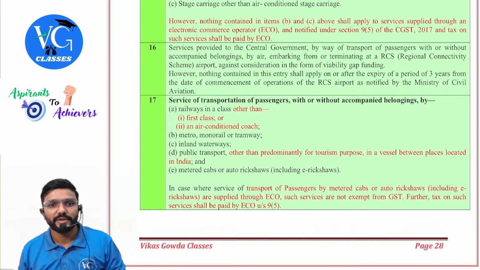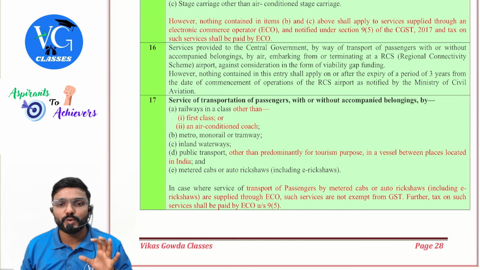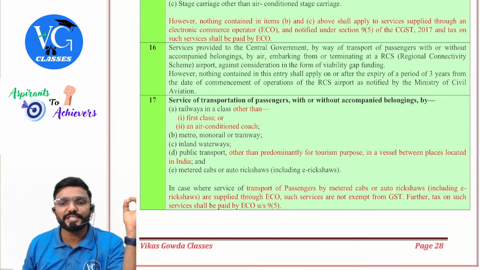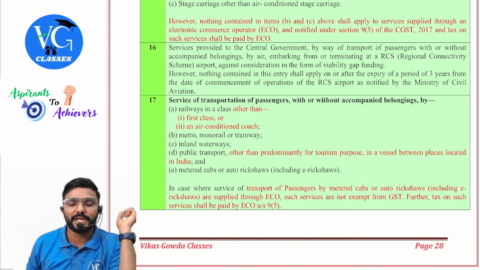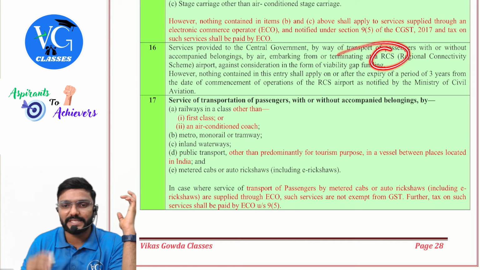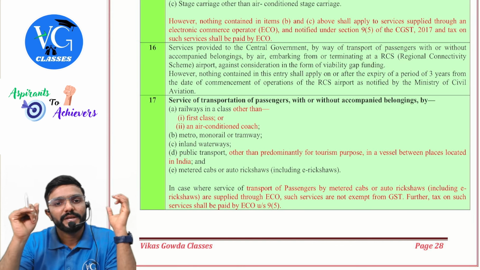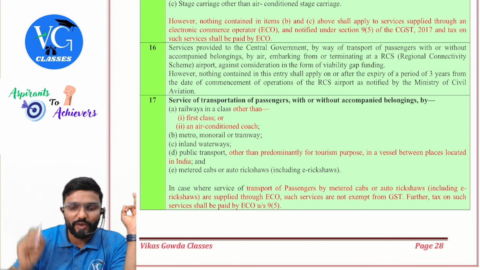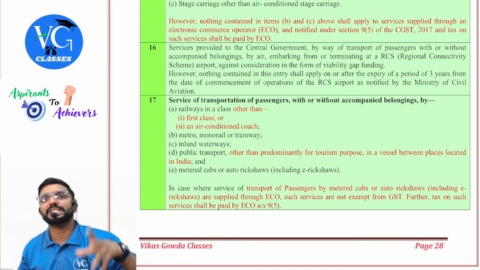Next, 16. Services provided to the central government. The recipient is the central government, by way of transport of passenger with or without accompanied belongings by air, embarking from or terminating at an RCS, that is Regional Connectivity Scheme, airport, against a consideration in the form of viability gap funding. Guys, simple.